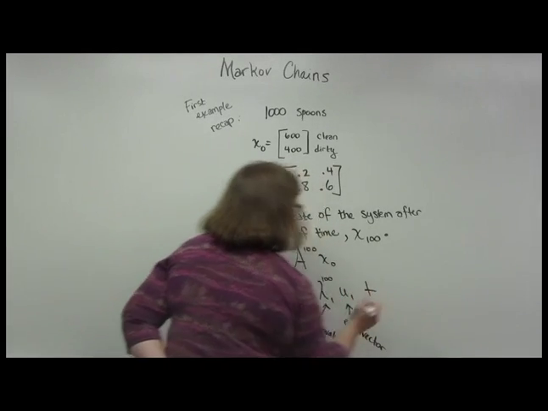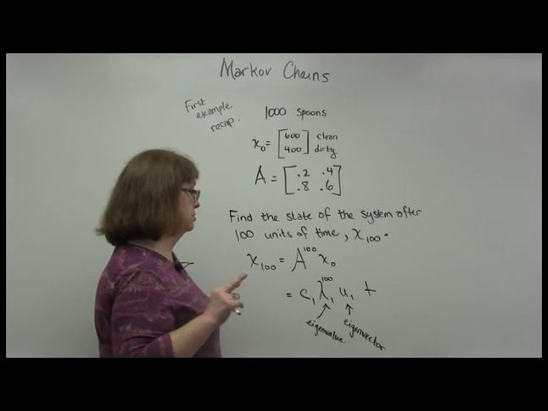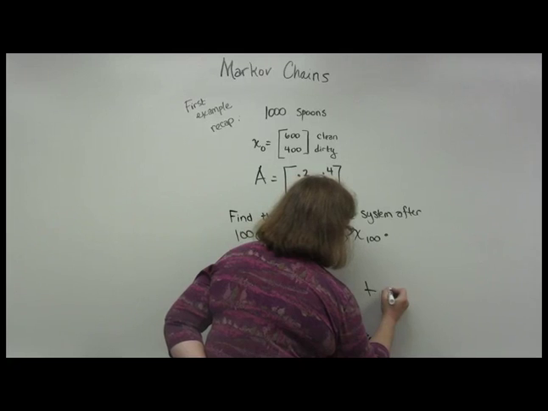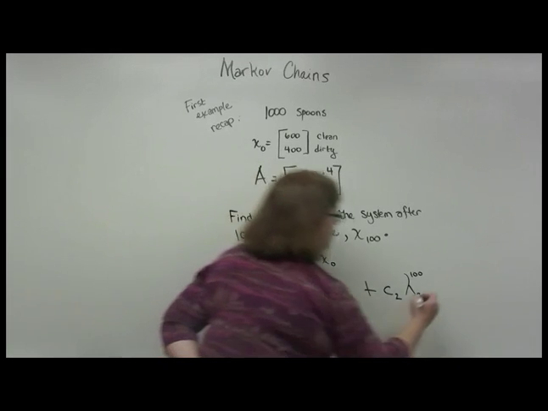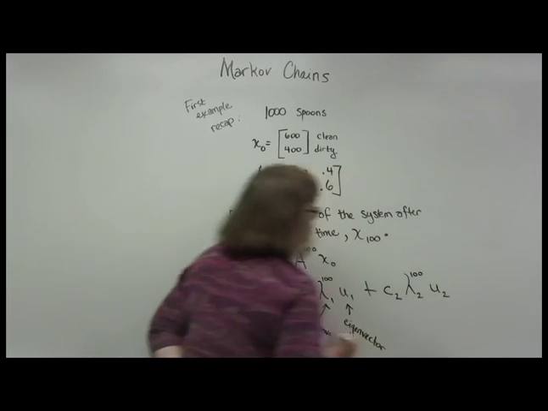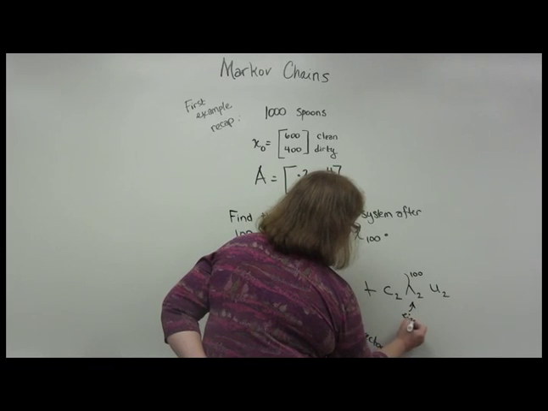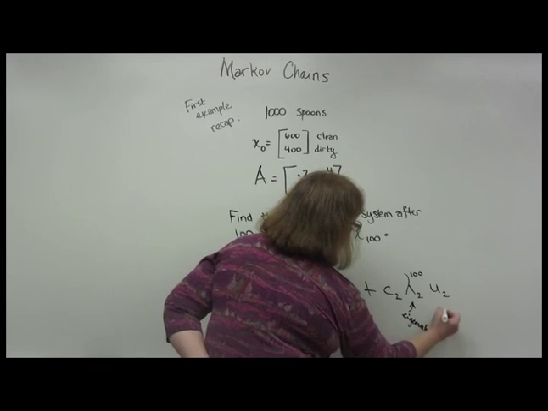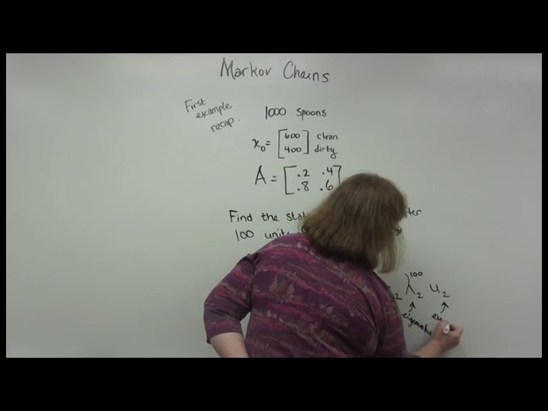And then I know with this being a 2 by 2 system, I'm actually going to have 2 eigenvalues. So I need another part of this, c sub 2 lambda sub 2 to the 100th times u sub 2. And that again is where lambda sub 2 is the eigenvalue and u sub 2 is the eigenvector that corresponds.